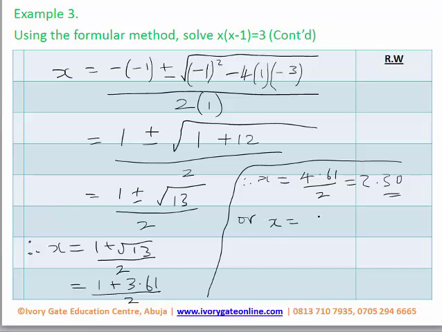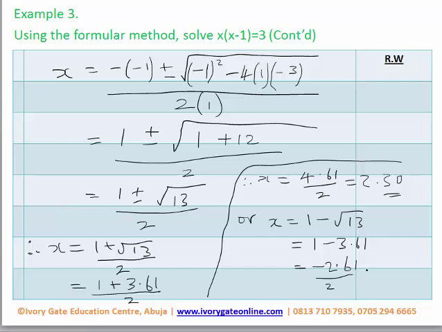Okay, or x is equal to 1 minus square root of 13, which is 1 minus 3.61. Borrowing a leaf from what we've done, 1 minus 3 point something, we now use the bigger number 3 point something to subtract 1, we get minus 2.61 all over 2.